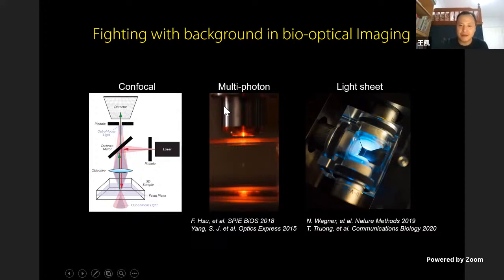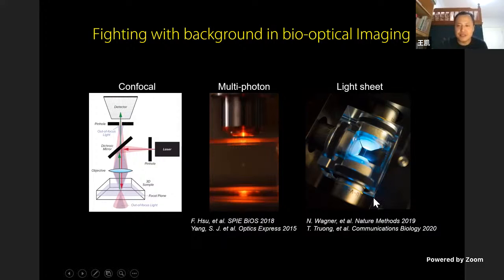For example, people have combined temporal focusing and multiphoton excitation with light field camera. But in that case, it's very hard to use nonlinear excitation to cover a large volume and to provide enough photons to image at high speed.